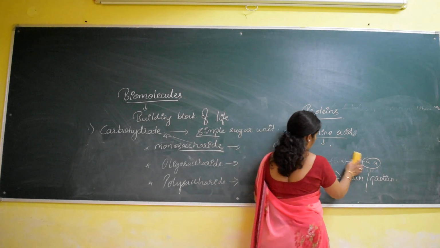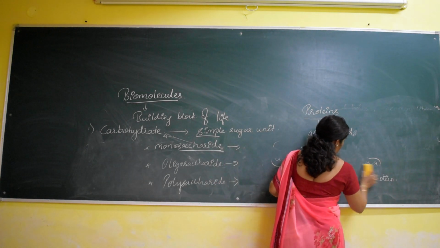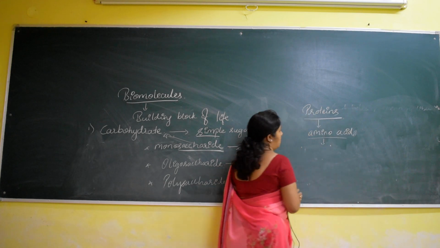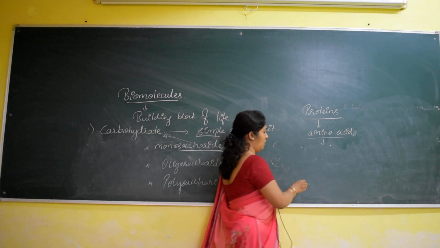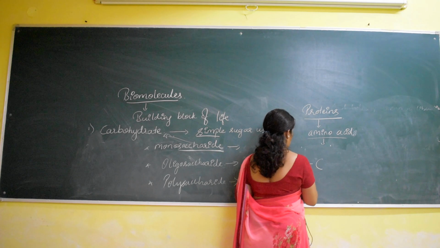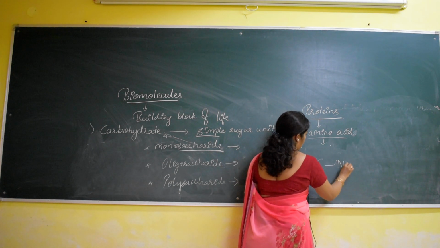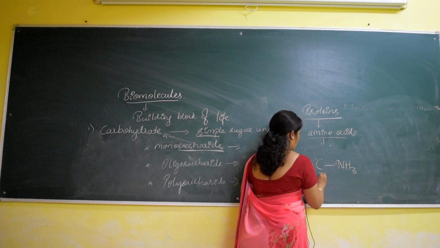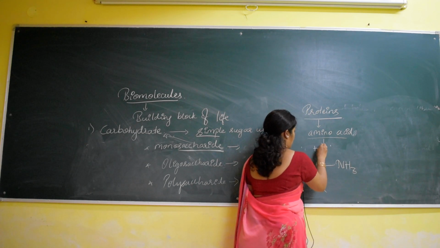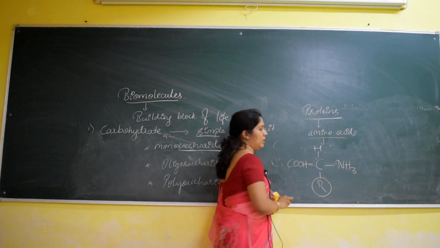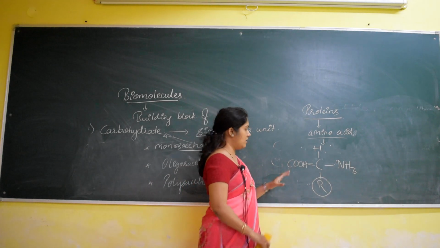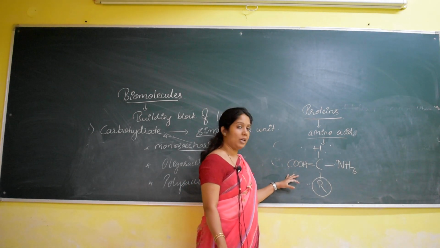So now what is this amino acid made up of? The amino acid has a carboxylic group on one end, an amino group on the other end, and a variable group. This is the basic structure of an amino acid.